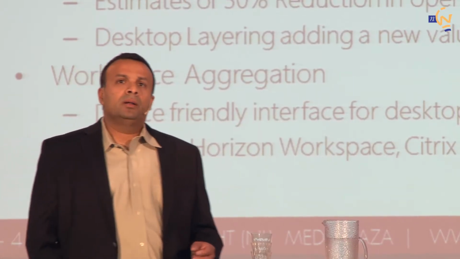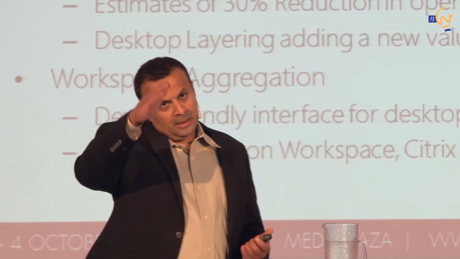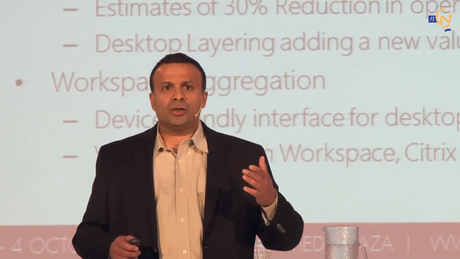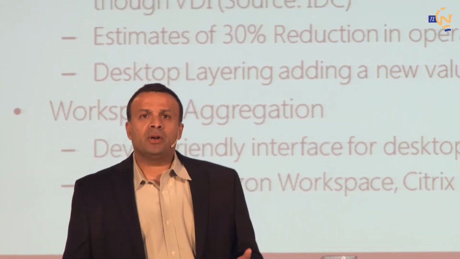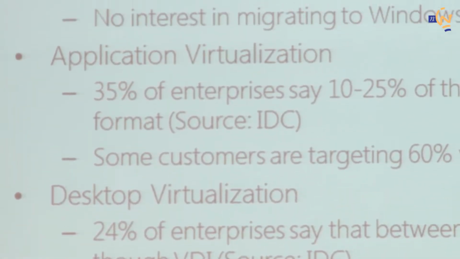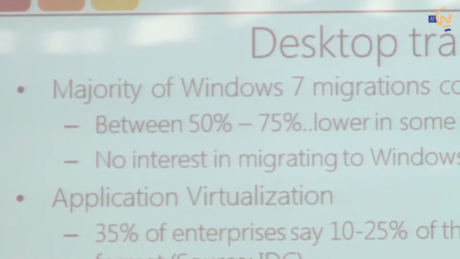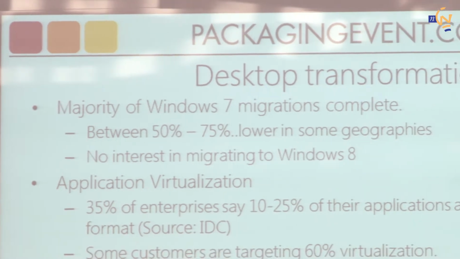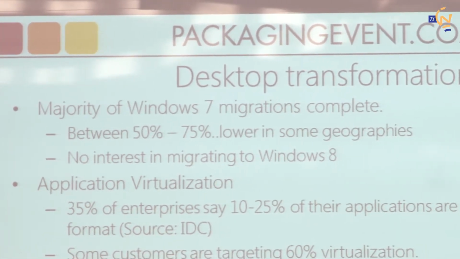So a little bit about the desktop transformations that are taking place. The transformations that I listed here are in logical order. The first was the introduction of Windows 7 into the marketplace, and that made a huge change. It brought 64-bit computing into the mainstream, and it was a huge advantage.